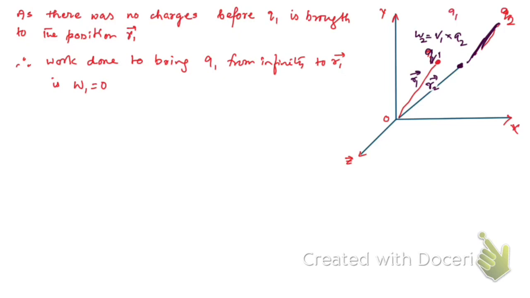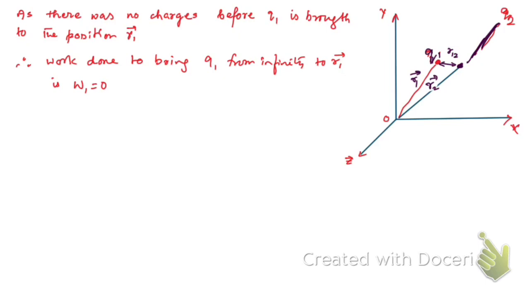So here you see, let me clean these things first. Okay, so let me write this distance between these two charges be suppose R12. Let me represent it by R12.